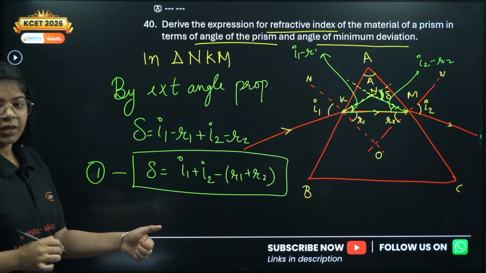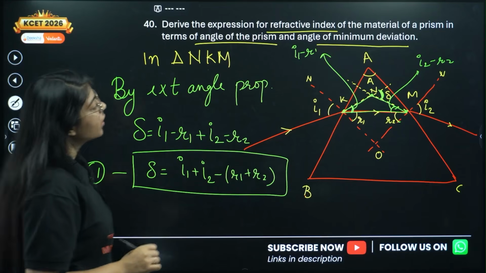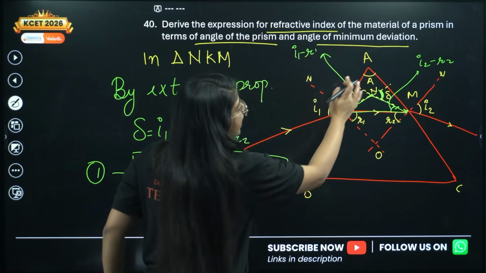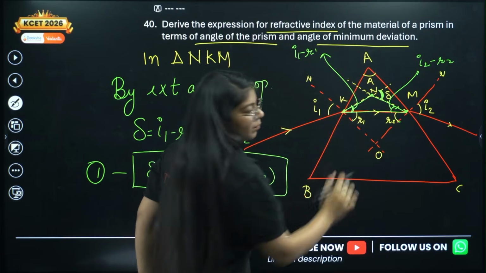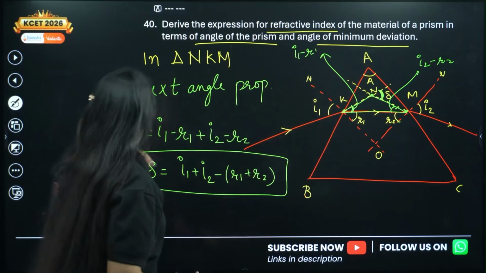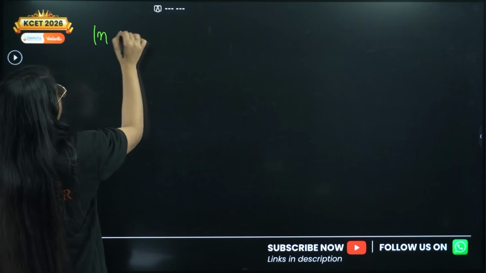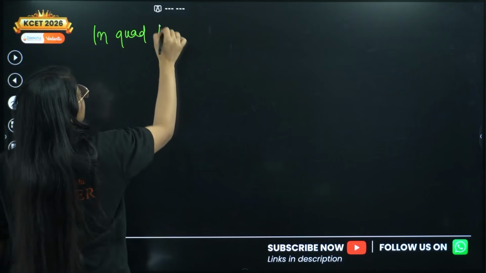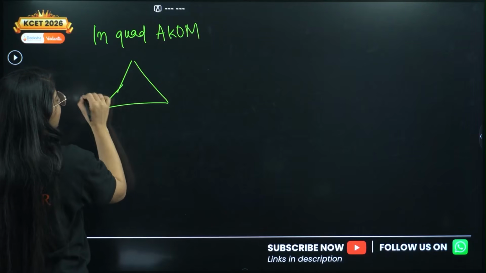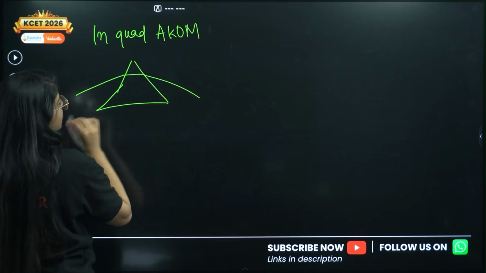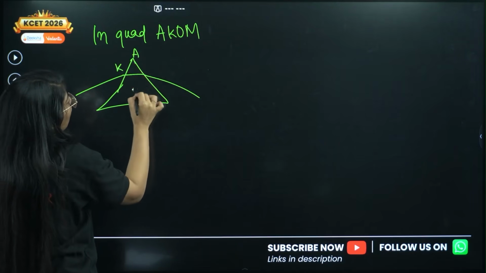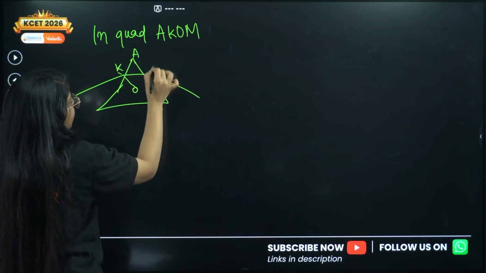Okay? Understood? Now moving on to a second expression that we'll see in the quadrilateral AKOM. Correct? In the quadrilateral A, K, O and M, this is the extended normal.